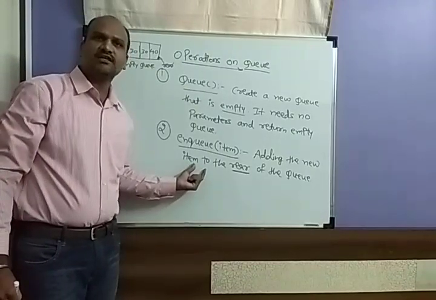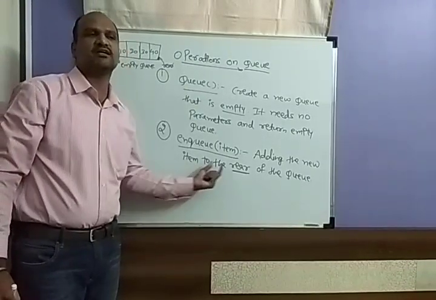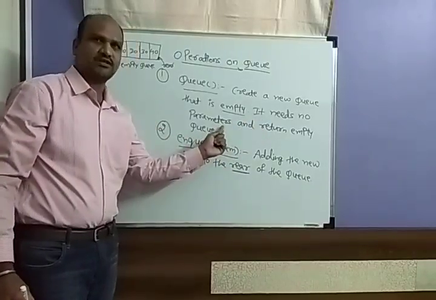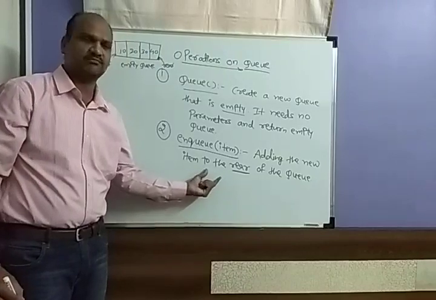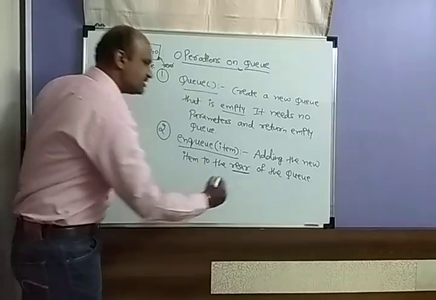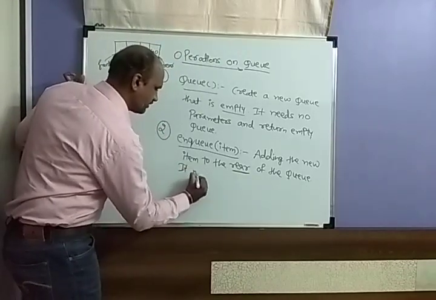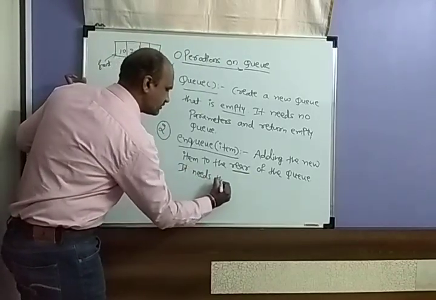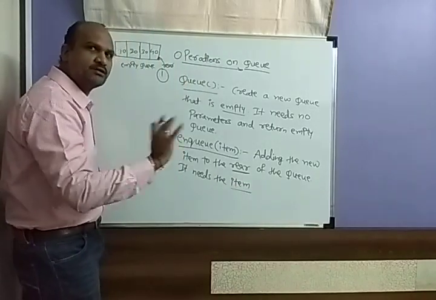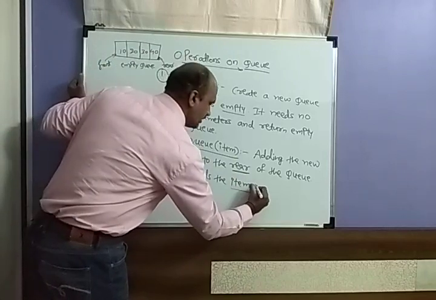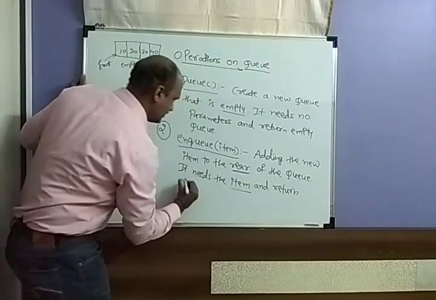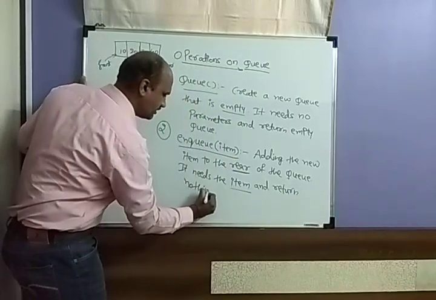So what does it need? Here the previous operation had no parameters, but here you need a parameter, that is the item, because you should insert the item in the queue. It needs the item, but no return value; it does not return anything.